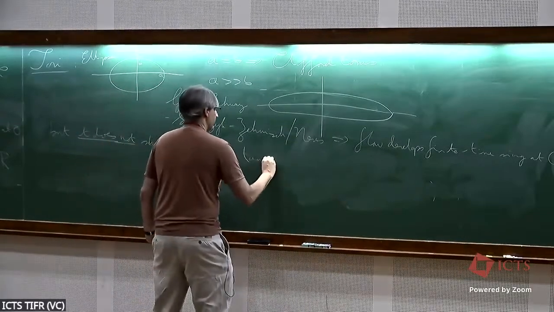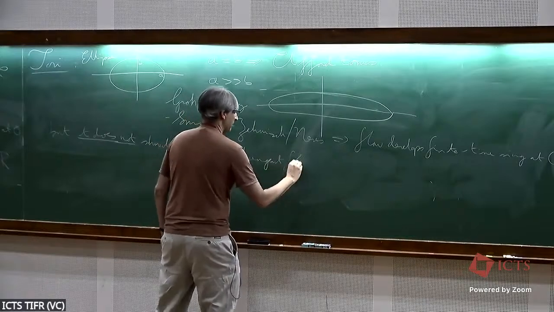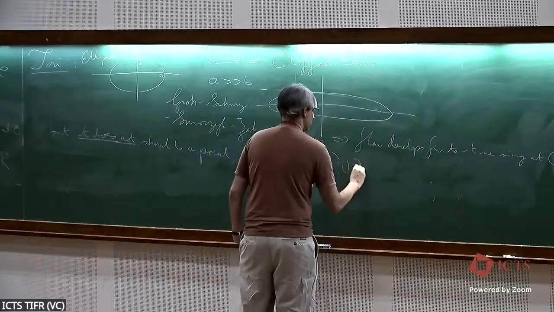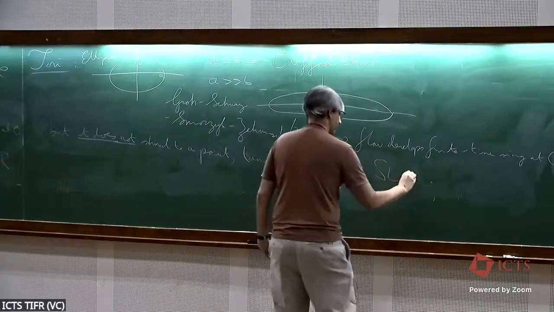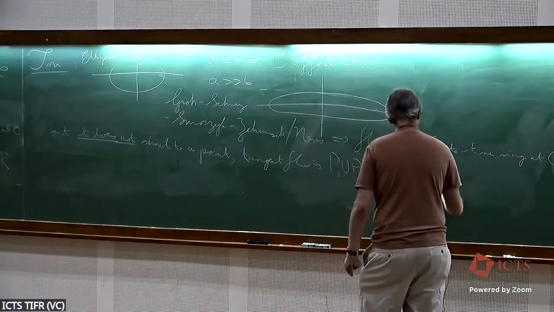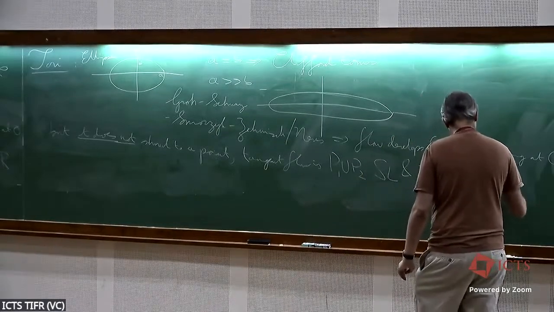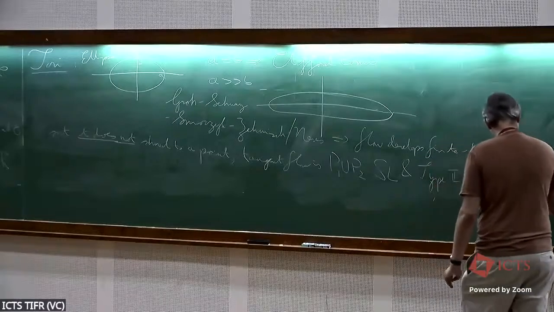The tangent flow is P1 union P2 special Lagrangian, and the type 2 blow up is the Lagrangian catenoid.